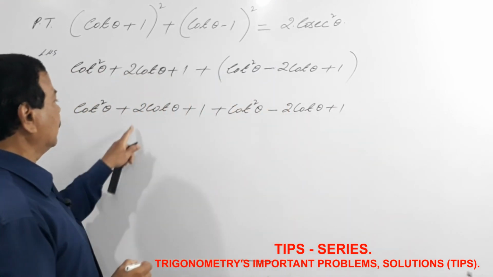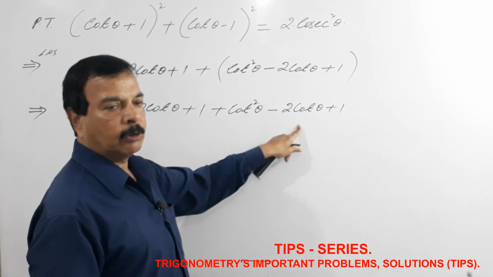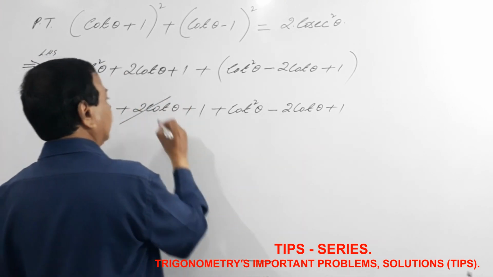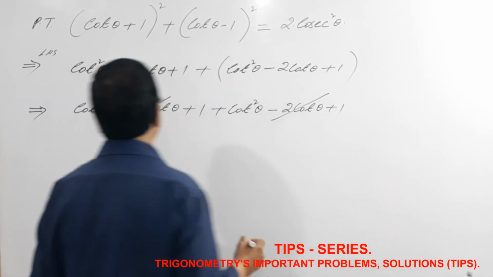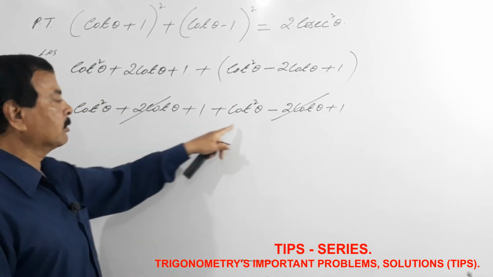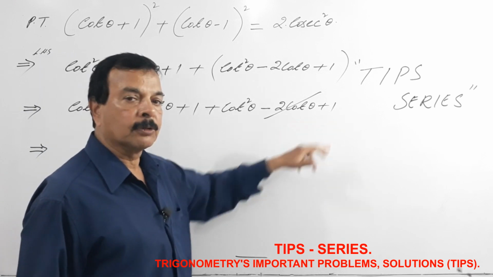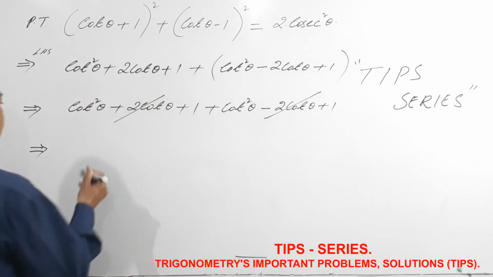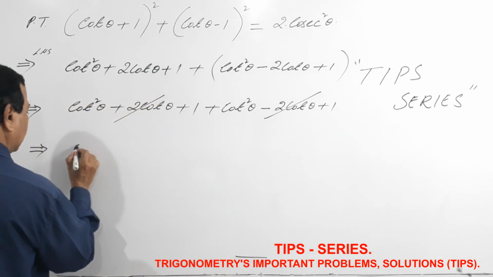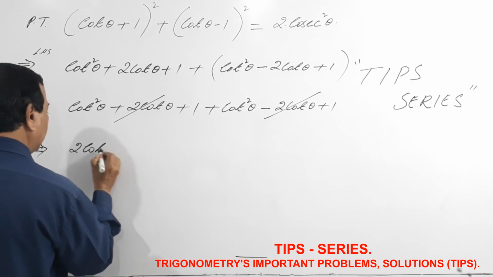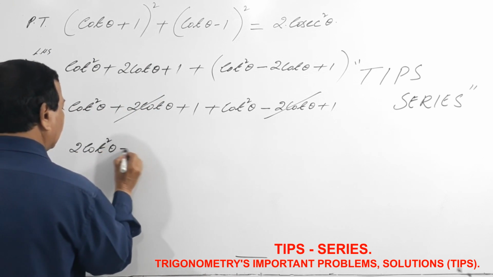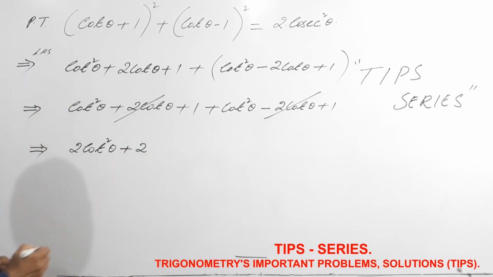So what happens here? Plus 2 cot theta minus 2 cot theta gets cancelled. So here cot square theta plus cot square theta equals 2 cot square theta. Here we have plus 1 plus 1. So this becomes 2 cot square theta plus 2.